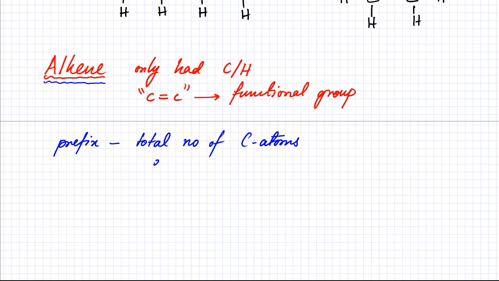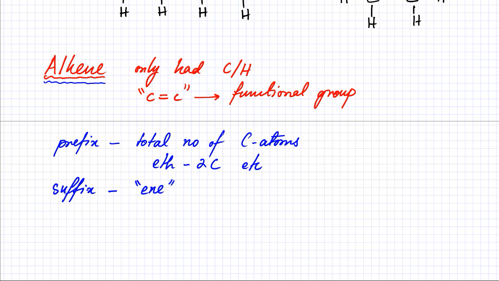Prop would mean three carbon atoms. But would mean the molecule has four carbon atoms. So the prefix would be exactly the same, whereas in this case the suffix would change. The name would end with "ene". For alkenes, the name would end with "ene". So we can do one example first.